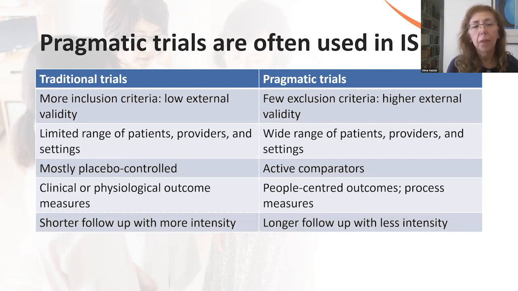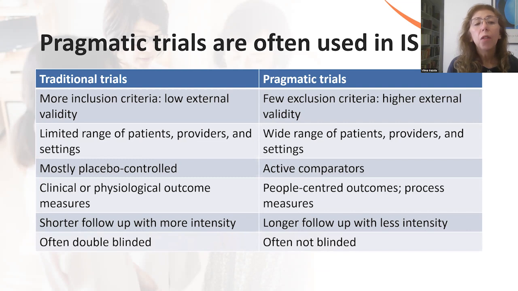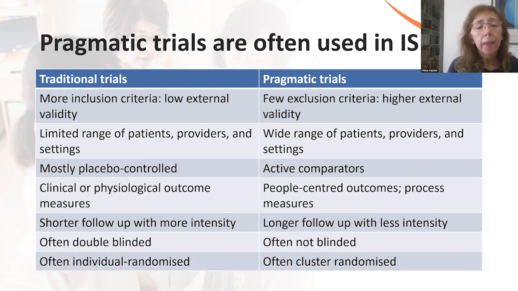Traditional trials are often blinded. Let's think, for example, of pharmacological trials, while pragmatic trials, which more commonly involve non-pharmacological interventions such as behavioral or system interventions, are not blinded. Finally, traditional explanatory trials are frequently randomized at the individual level.